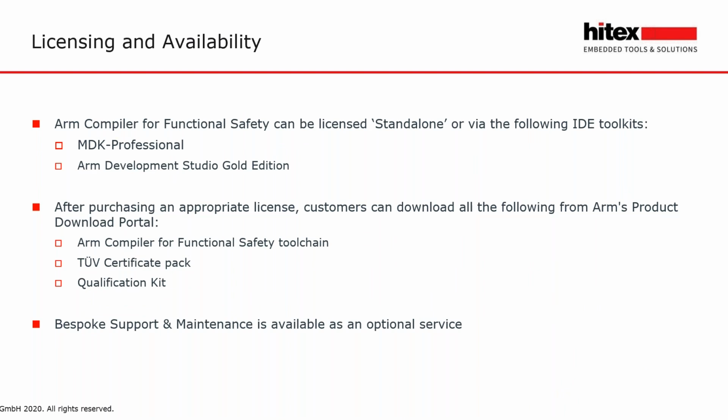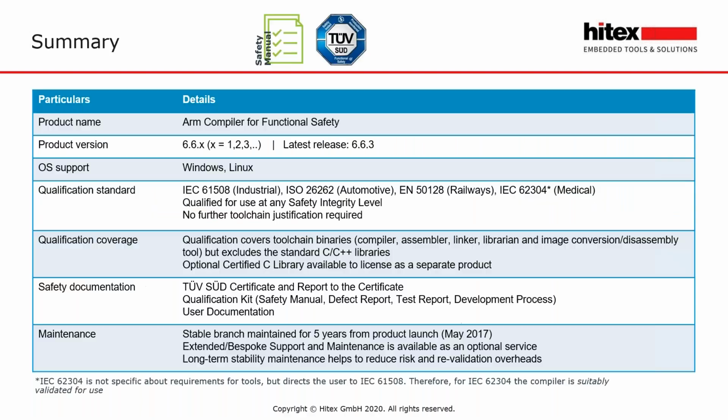As I said, the compiler sits within the MDK Professional or the ARM Developer Studio. And then once you have the license, you can fully download all of the certification, qualification pack, etc. And that sits then as documentation within the MDK. Just here as a summary, so we have the certification levels.